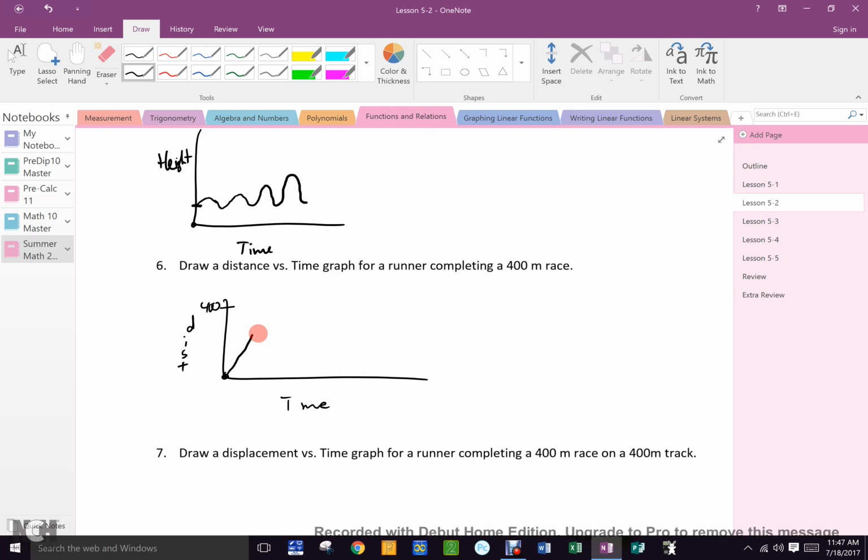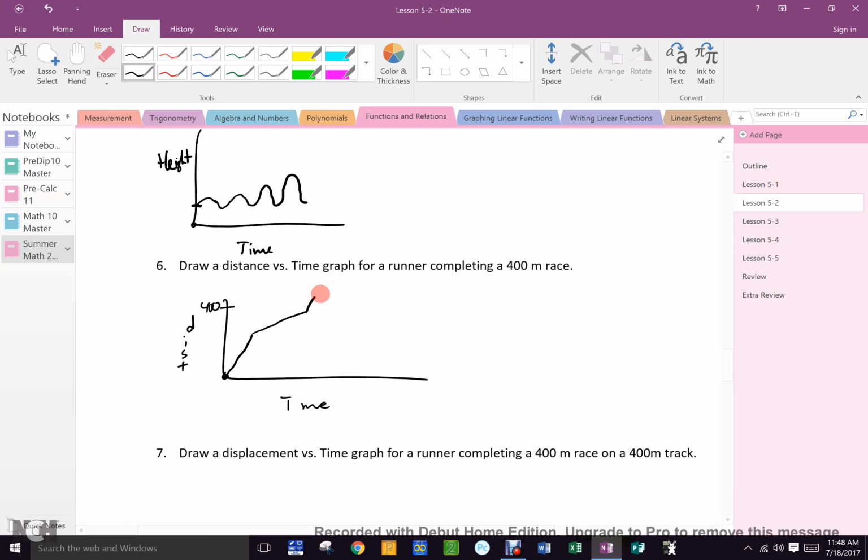So is distance still going up? Yeah, because you're running. I'm still moving, so distance is still going up, but less steeply. What happens when I get close to the finish line? You go faster. You sprint to cover the last little bit of distance in as little time as possible. That's what your graph should look like.